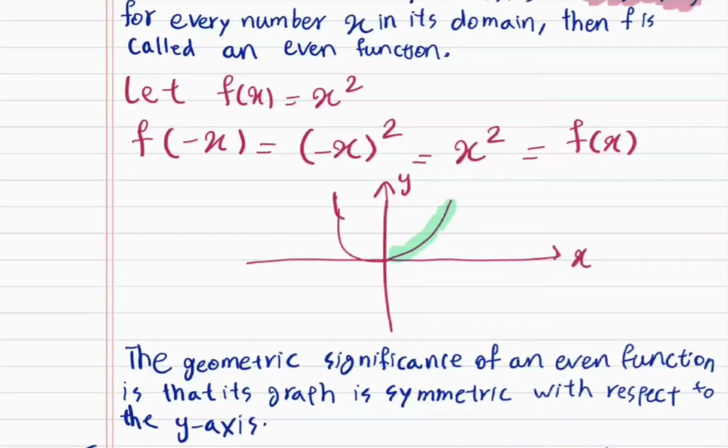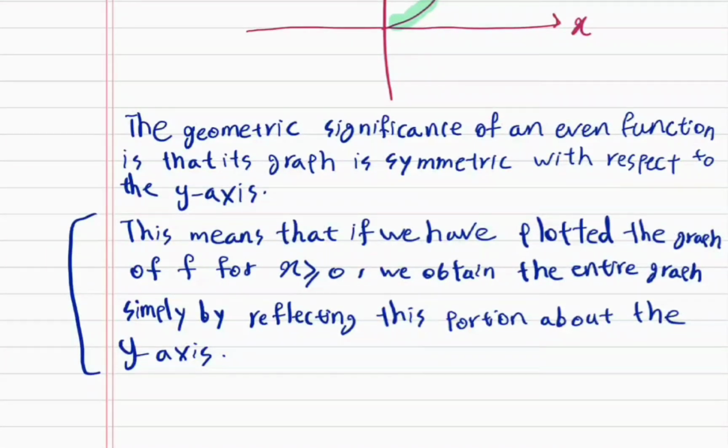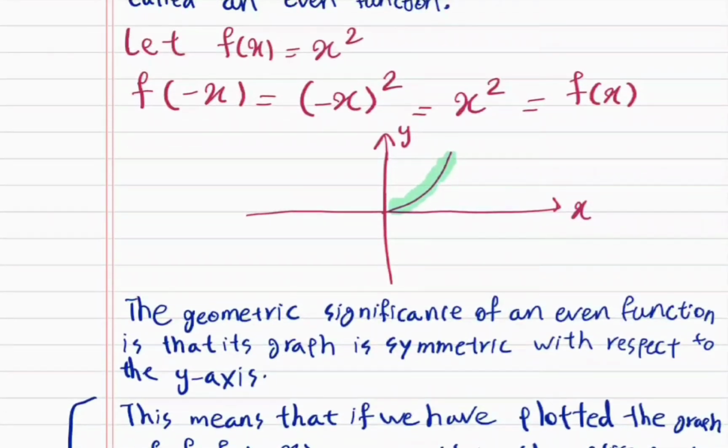So what does that mean? Let's pretend that we don't know how to draw the graph of a quadratic function, but we are told that a quadratic function is an even function. Now, by considering this fact about even functions, that the entire graph can be found simply by reflecting the positive portion about the y-axis, if we reflect this positive portion of the graph through the y-axis, then we get the entire graph.